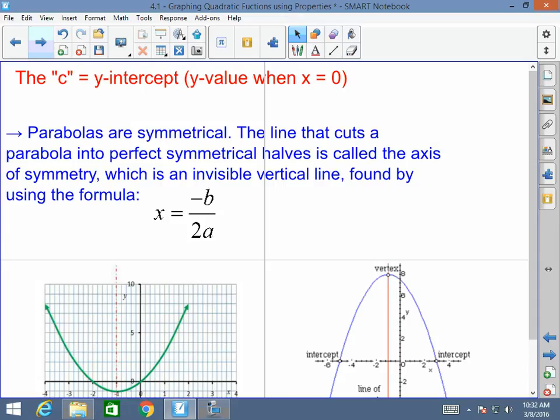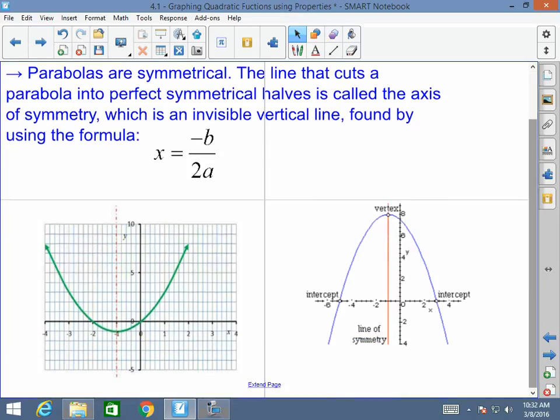Although it's an invisible line, okay, it's imaginary, it doesn't really exist as far as the graph goes for real. It is a vertical line nonetheless, so it's an x equals equation. And as you can see here, I have two quadratic functions, one of them positive. This red dash right here, that's my axis of symmetry, okay?